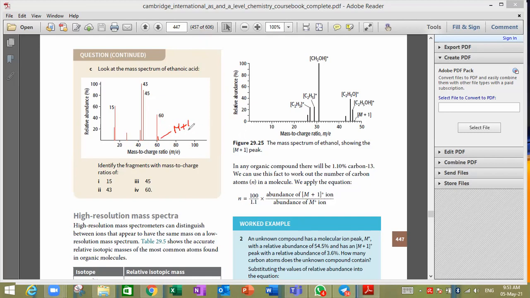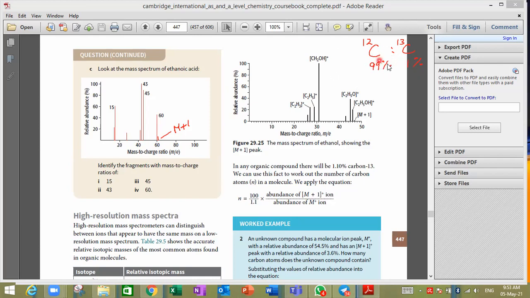And this peak doesn't mean that our molecular mass is 61. No, it is still 60. But we said before that we have two isotopes of carbon: carbon 12 and carbon 13. The percentage abundance of carbon 12 is 99%, and carbon 13 is found in only 1%, so there is a big difference between them.